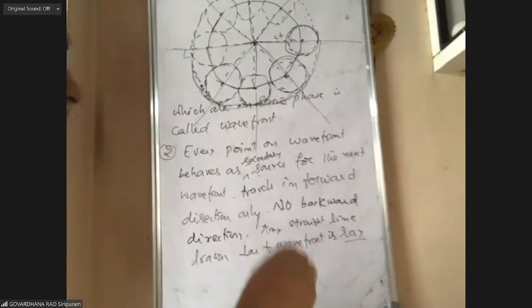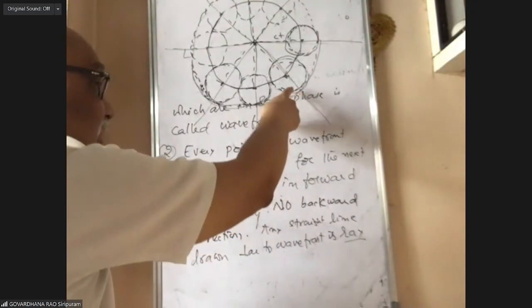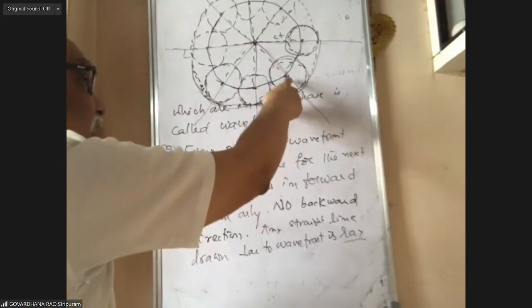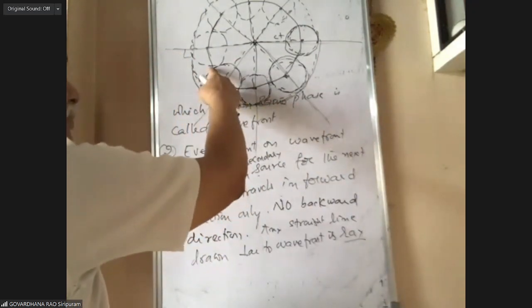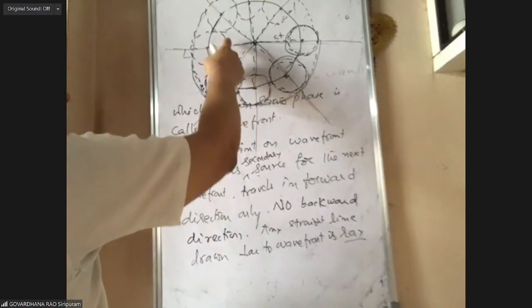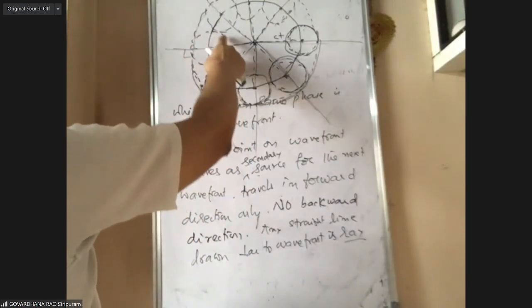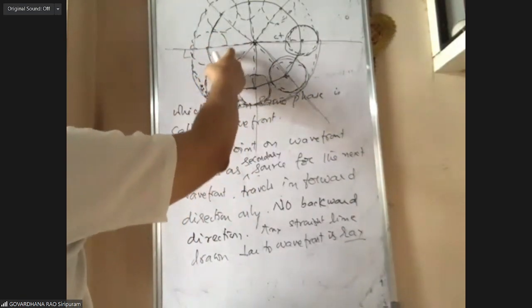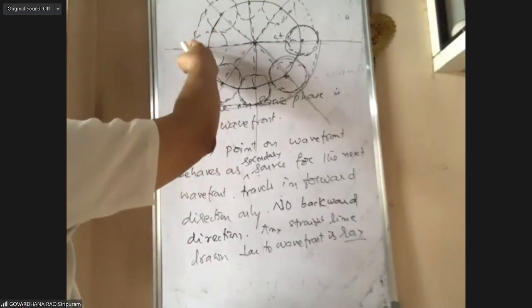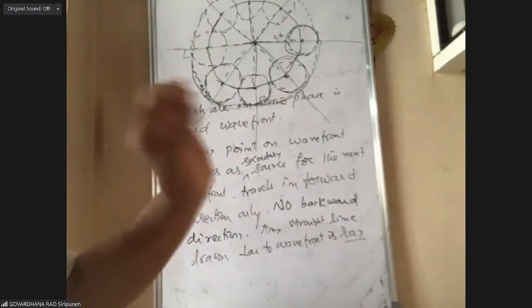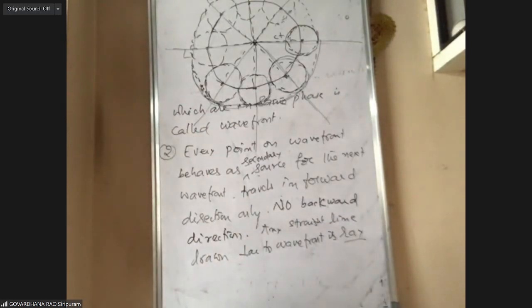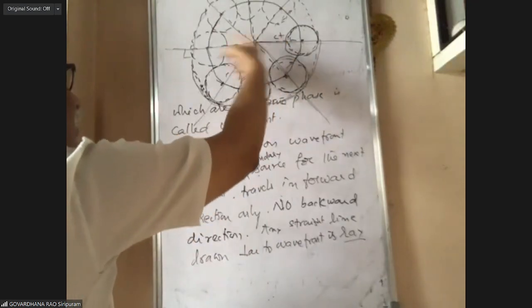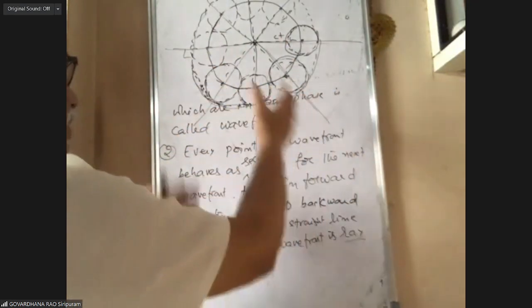And he is insisting that these wavefronts travel only forward, not backward. This part of the wavefront is called a wavelet. No backward movement of the wavelet, only forward movement, like this only.